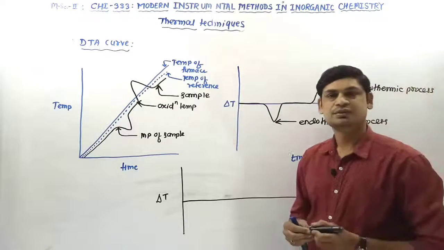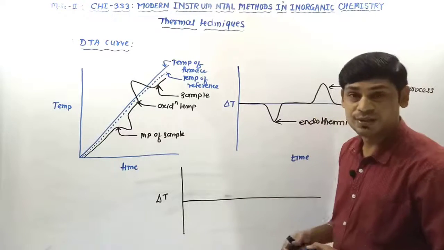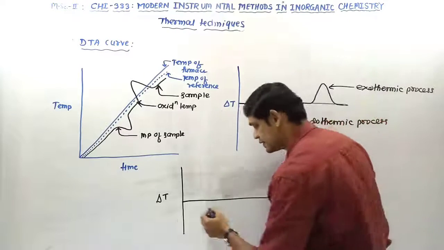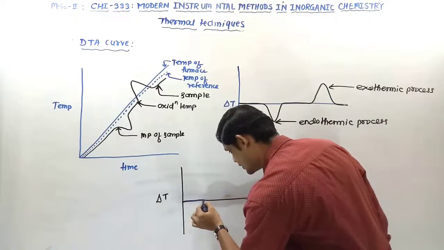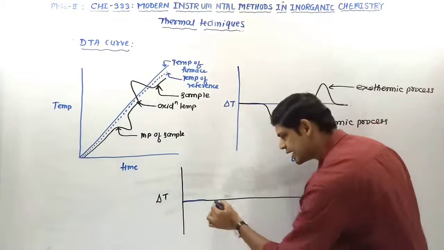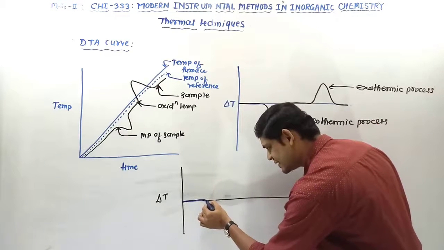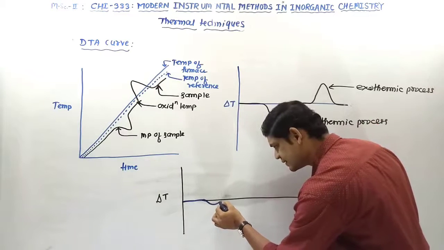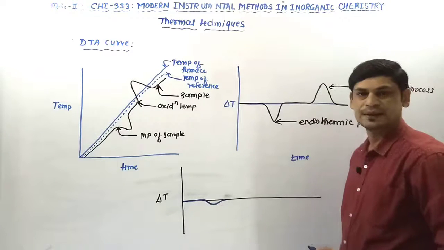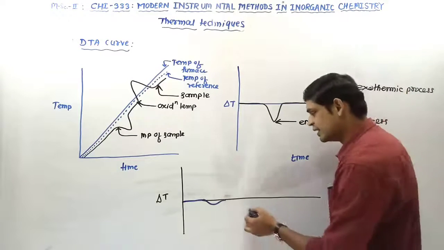What happened? Up to a certain limit, the temperature difference becomes constant. After that, it decreases a little bit. And then increases.